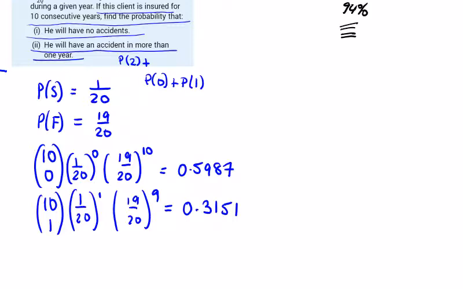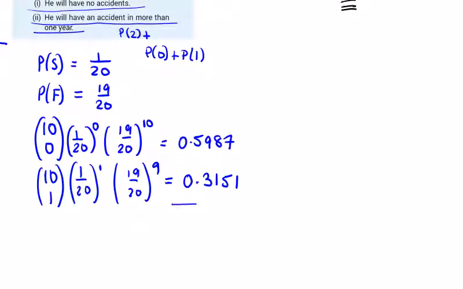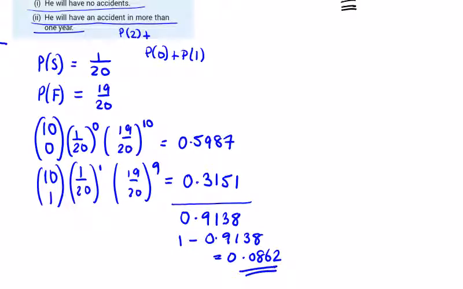Adding those together, we're just taking them both away from 1. These two give 0.9138, and 1 minus 0.9138 gives 0.0862. And that's the probability of an accident in more than 1 year.